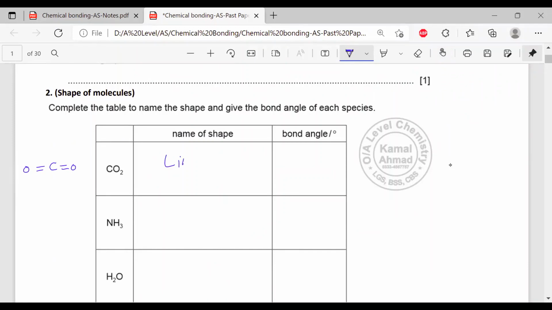Shape name is linear and angle 180. Next, ammonia. Ammonia's shape is this, and due to the lone pair of the nitrogen, the shape name is pyramidal.